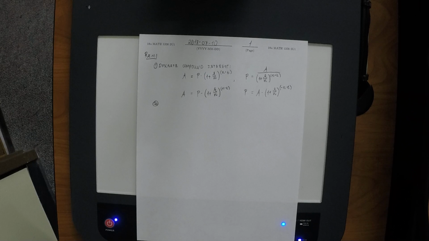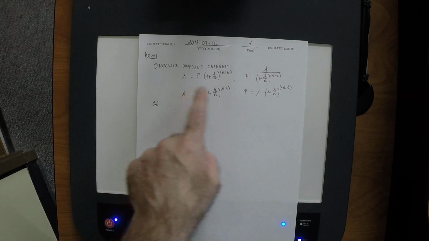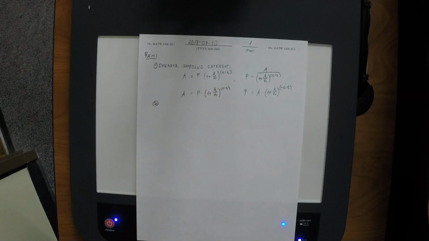Then we went through the thought experiment, the Bank of Math 1326, and said, okay, you're allowed to have a principal deposit of $1, an interest rate of 100%, and the contract time, meaning T, has to be exactly 1 year. That has the effect of making almost all of the parameters 1.